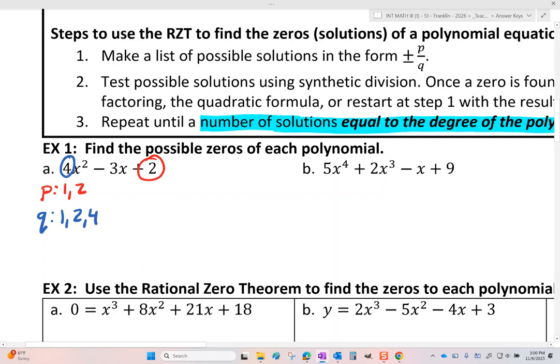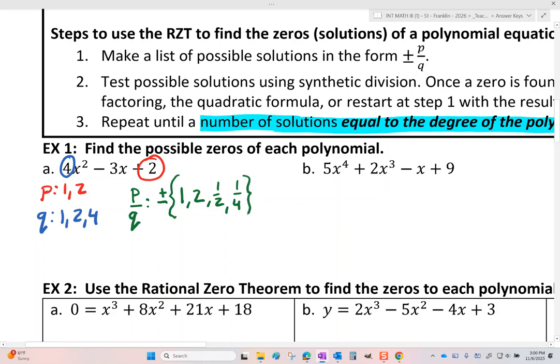And now our list of possible zeros are all the possible fractions p over q, positive and negative. And so for these numbers, those potential zeros are first 1 over 1, 2 over 1, and then 1 over 2, 2 over 2, which is just 1, which I already have, so I can skip that one. 1 over 4, that's 1/4, and 2 over 4, which is also 1/2, so I can skip that one as well.